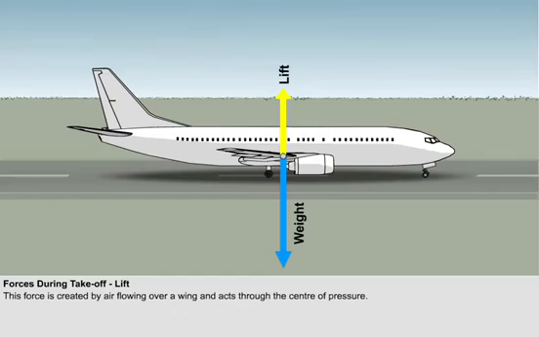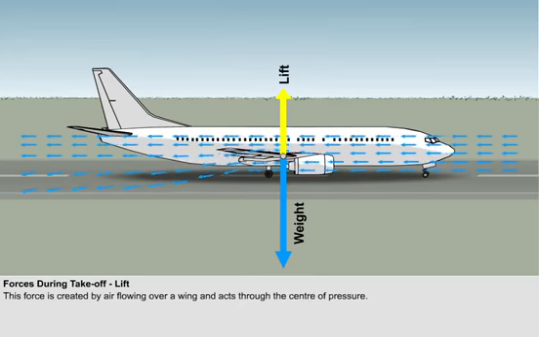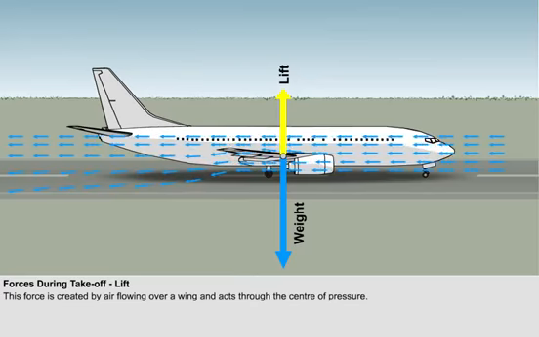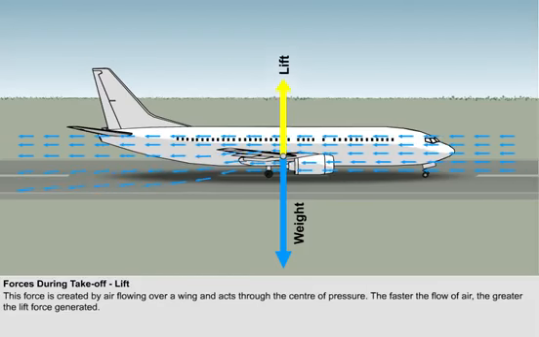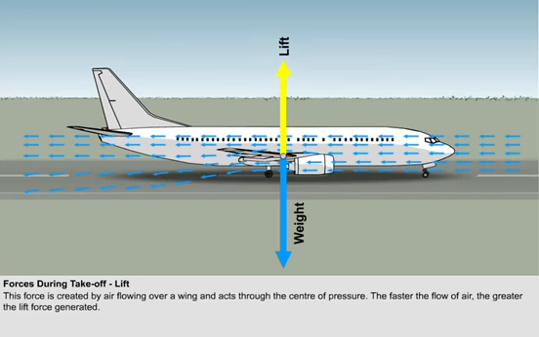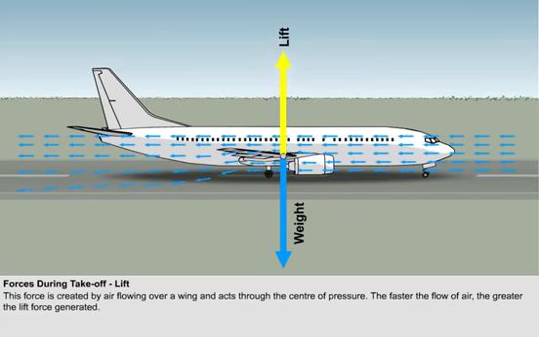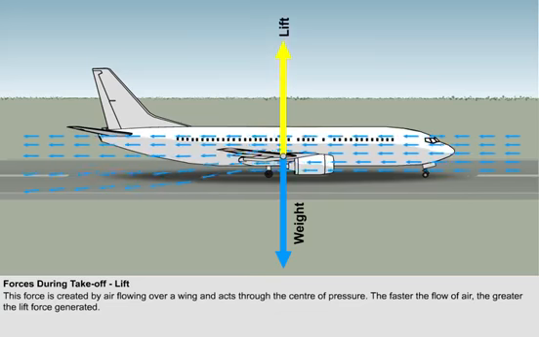The aerofoil in our case is the aeroplane wing. To make the air flow over the wings, the aeroplane must be pushed through air. The faster the aeroplane travels through the air, the more lift will be created. The aim at takeoff is to gain a sufficient amount of forward speed to create enough lift to help counteract the weight, and thus allow the aeroplane to fly.